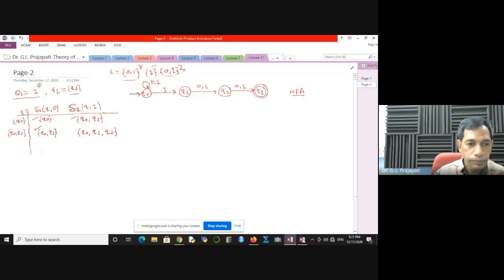Now you can show the transition for Q0, Q2. How can you define the transition for this Q0, Q2? If you are at Q0 and input is 0, you are going to the same state Q0.